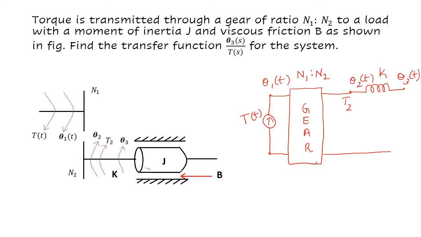At theta 3 we represent the moment of inertia, which is J, and then the damper, which is B. So this is our equivalent mechanical network.